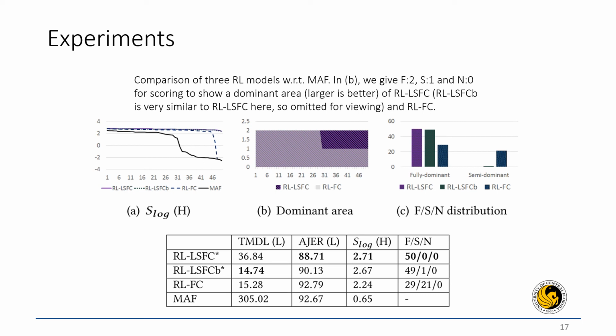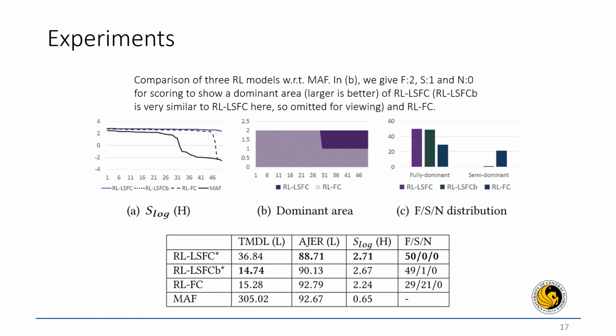In this slide, we put these three models and MAF together into 50 testing episodes. We can see that although the FC model achieves slightly better TMDL than our LSFC, it pays too large a cost in AJER and thus has lower score in S-log than both of our models. So the FC model in experiment shows a weaker overall performance.